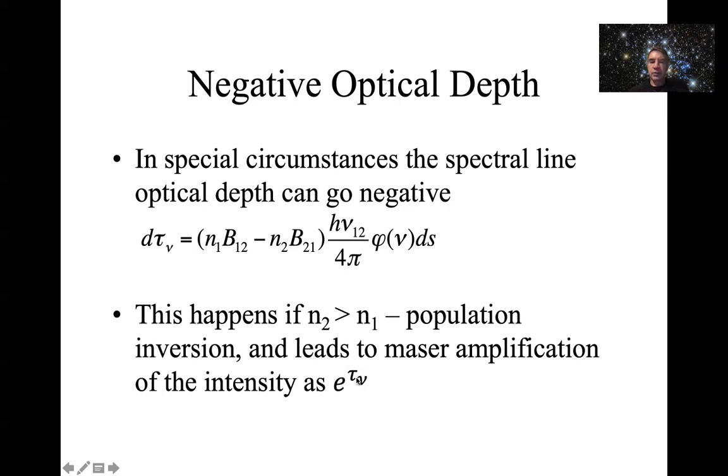And if the optical depth becomes high, then this leads to an exponential increase in the intensity as you go along the line of sight. So that's like a runaway process then. And this is what masers are all about. And that's going to be the subject of the next lecture. So I'll just leave it at that for a moment. But this is where this idea of negative optical depth and exponential amplification comes from.